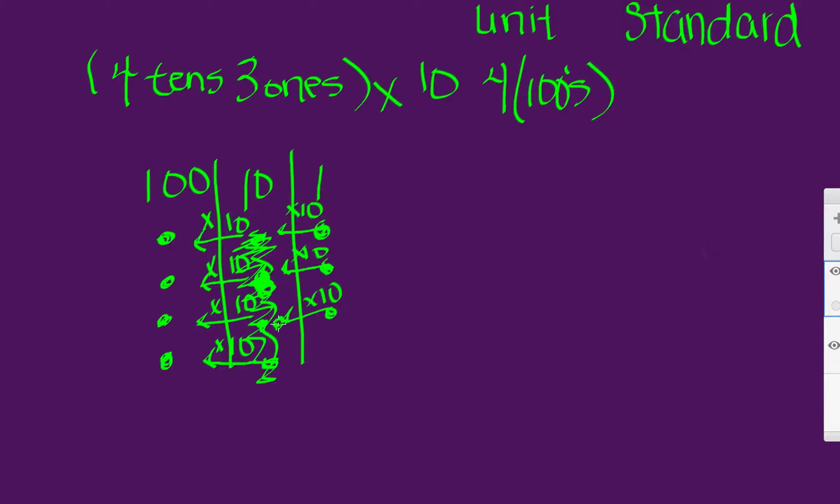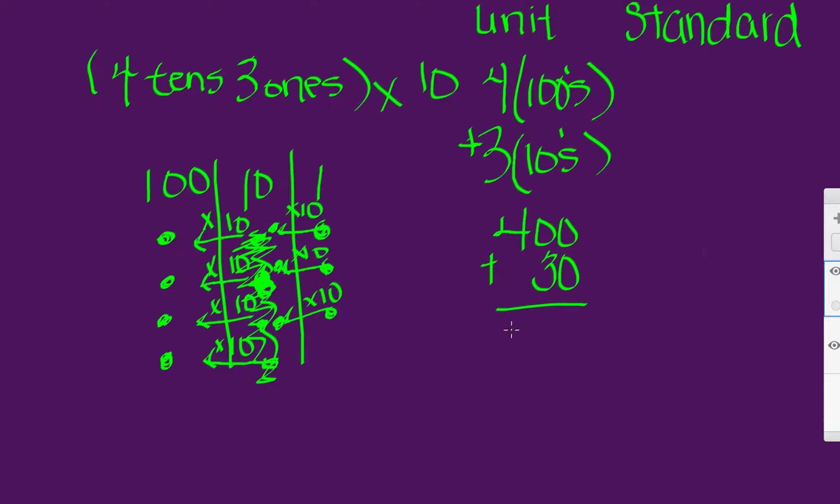So now you have 3 in the tens place. So 4 hundreds plus 3 tens, which is 400 plus 30. That gives you 430, which is your standard form. Okay?